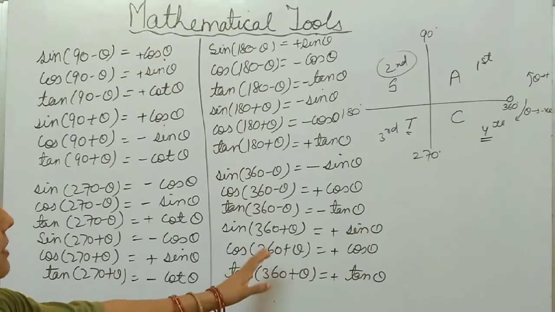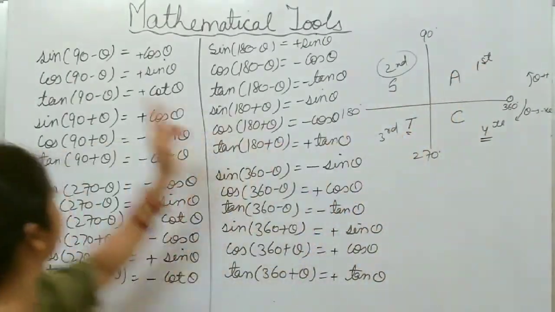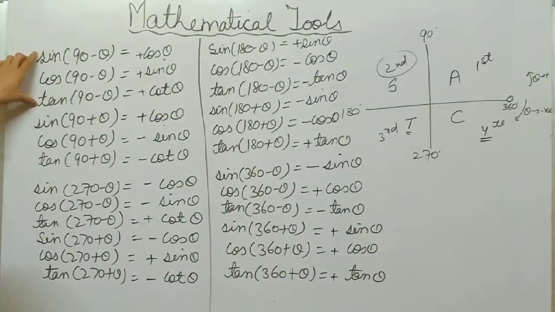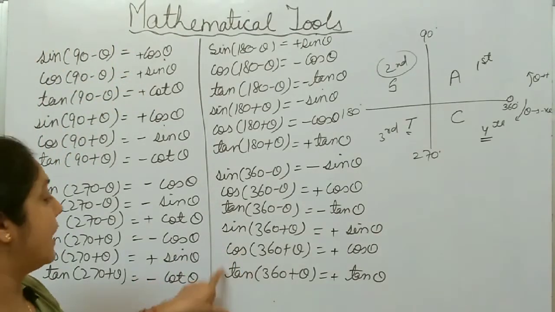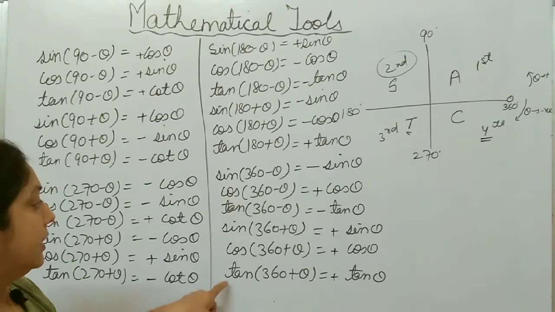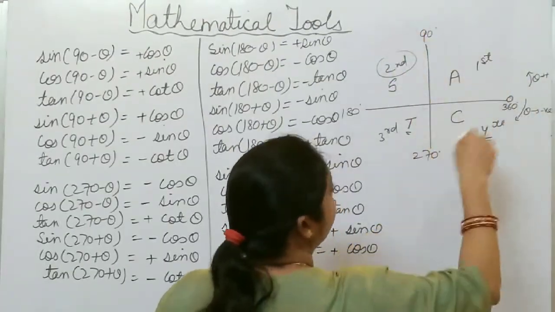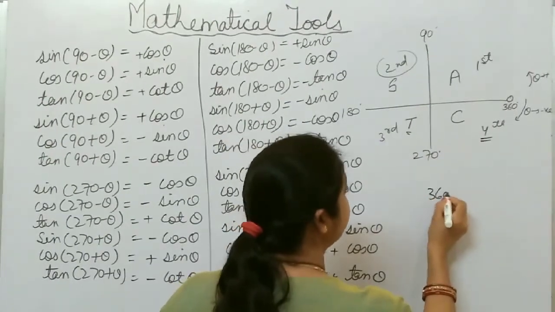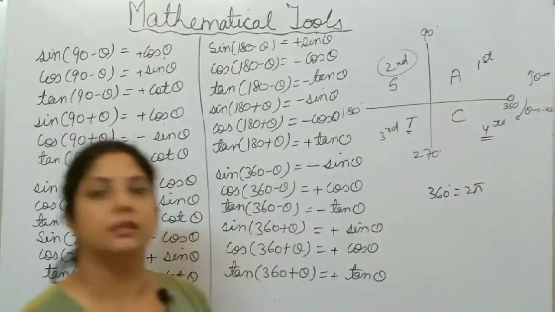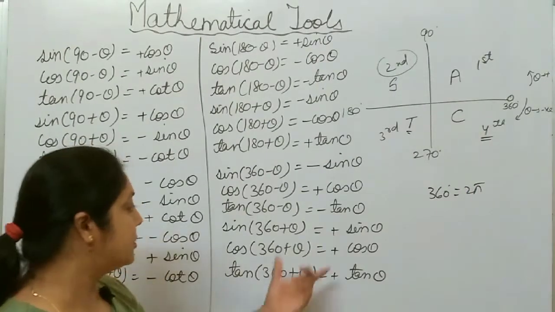360 plus theta means that you return back to the original position in first quadrant. Starting from the first quadrant, sine 90 minus theta, all are positive. Again, return back to first quadrant. It means in one round, how much angle have you completed? 360 degree. 360 degree means 2 pi radian. It means after 2 pi angle, the values remain the same.